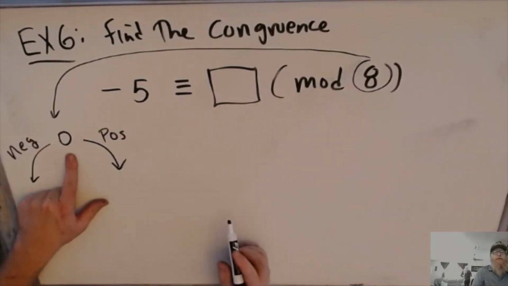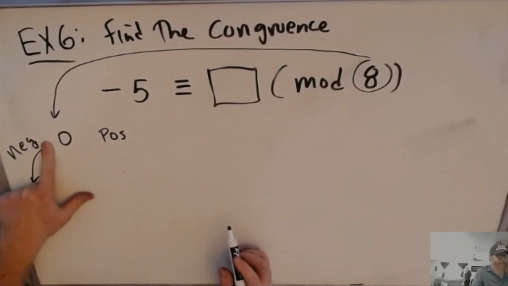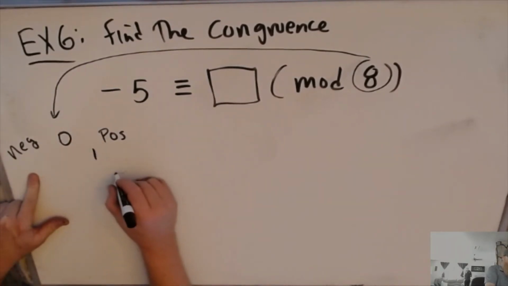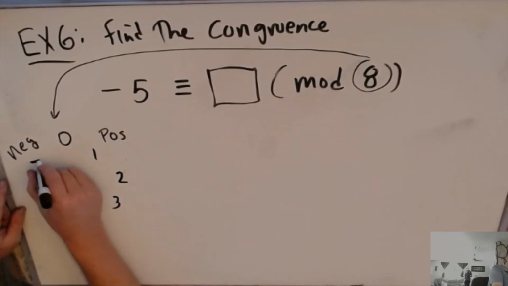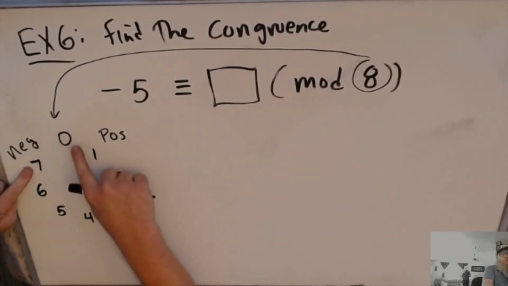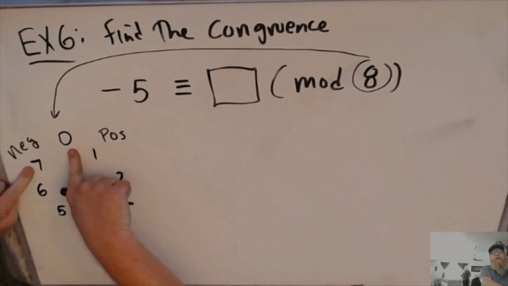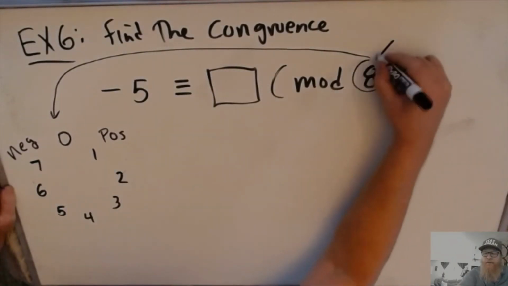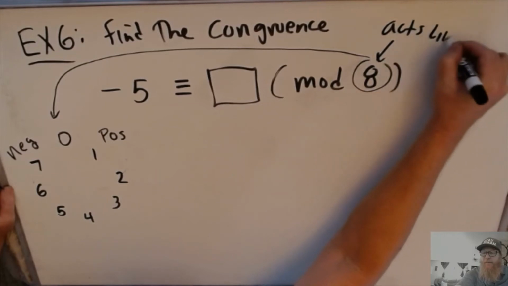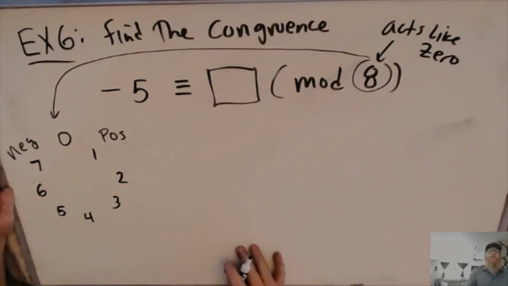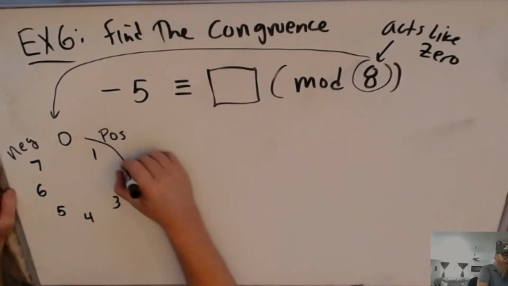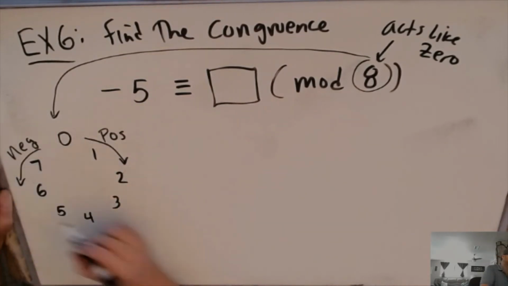So we're essentially going like this: 0, 1, 2, 3, 4, 5, 6, 7, and then back to 0 again. So 8 acts like 0. Positives are going to go this way. Negatives are going to go this way.